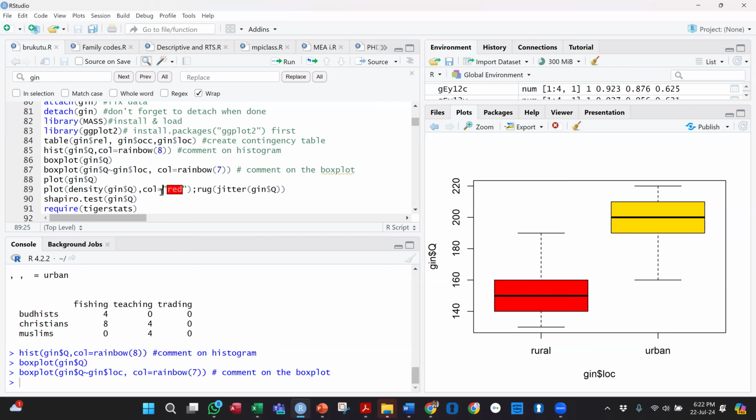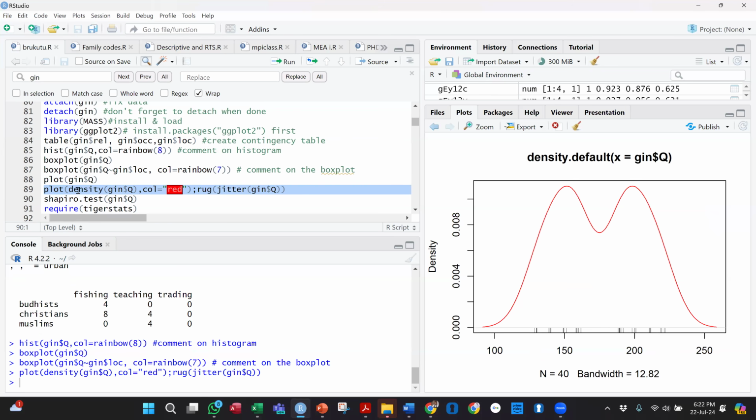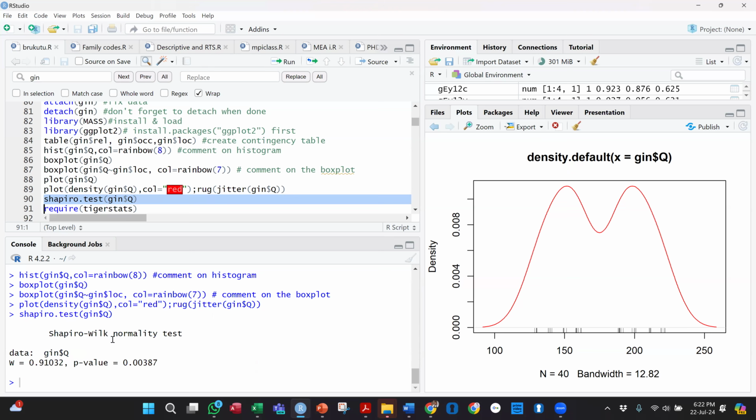So that is it. Now you can also plot the density. This command will help you to plot the density. You can try all of this on your own, and you can see that it shows clearly that the quantity demanded is not normally distributed. To check whether it's not normally distributed, you can do something called the Shapiro test. When you run the Shapiro test, when the p-value is more than 5%, it means that it's normally distributed.